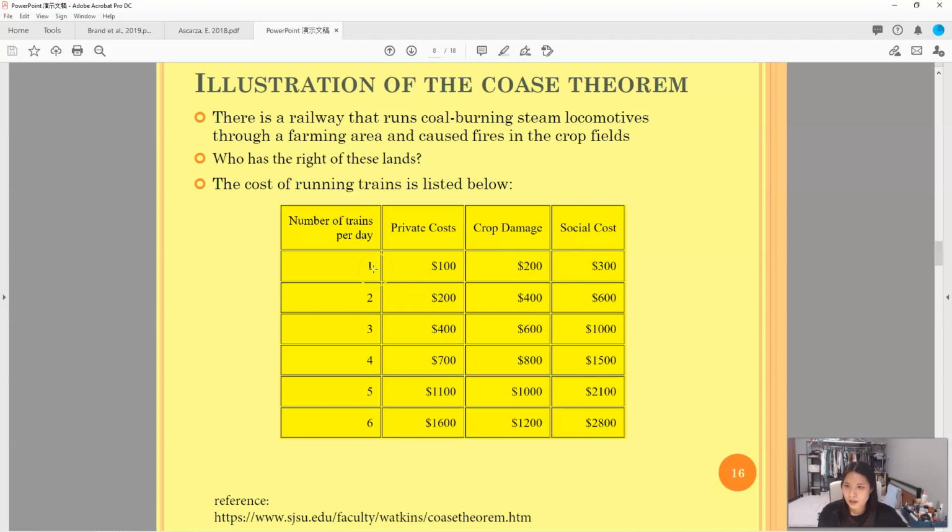So, for example, when the firm runs 1 train per day, the private cost is $100, the crop damage is $200, then the total is $300, right? Here is a reference for this example. If you want to know more details, I think the link can give you a better explanation.